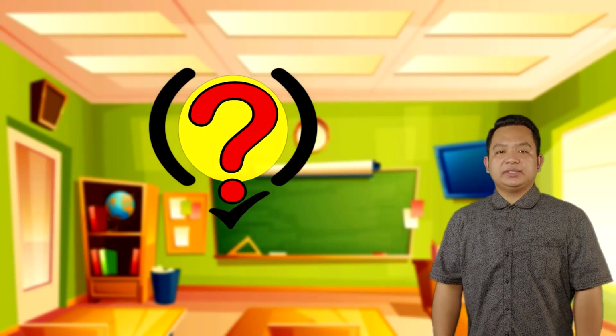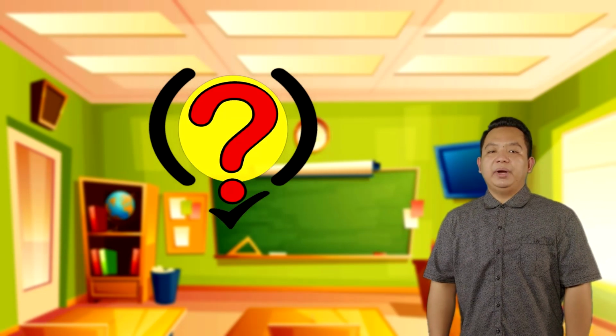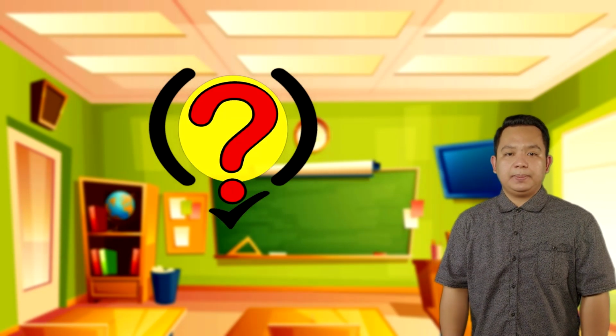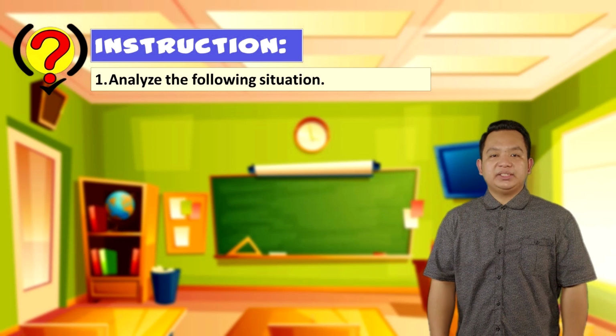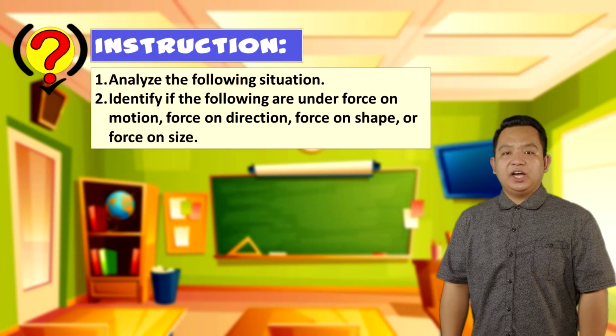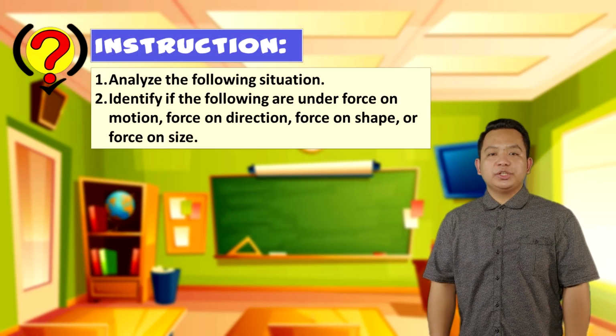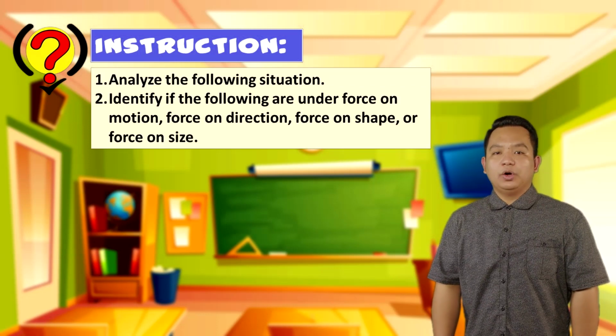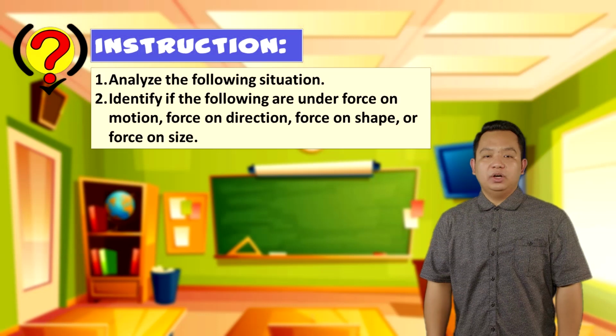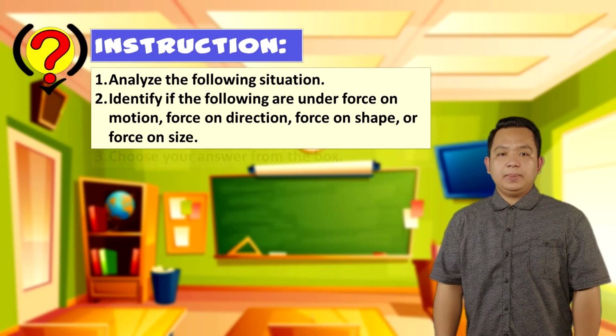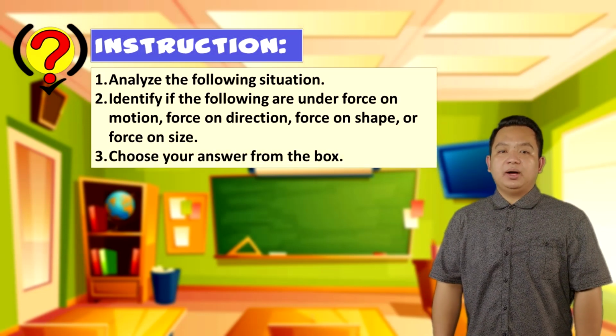Let's check your understanding about our lesson by having this activity. Analyze the following situation. Identify if the following are under force on motion, force on direction, force on shape, or force on size. Choose your answer from the box.